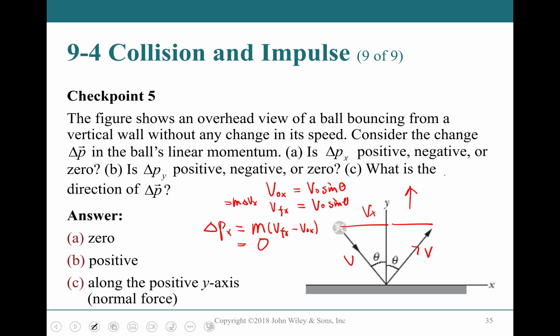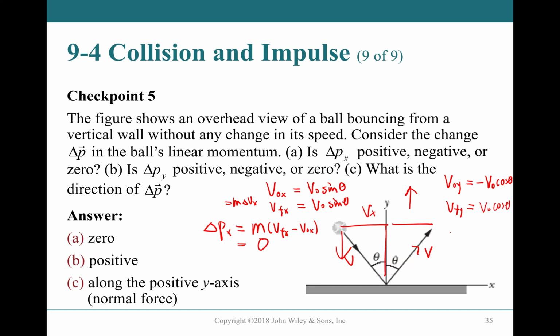But for y, V initial y is going down, so it's negative V initial cosine theta, the adjacent side. And V final y is not negative anymore because it goes up, so it's positive V0 cosine theta.